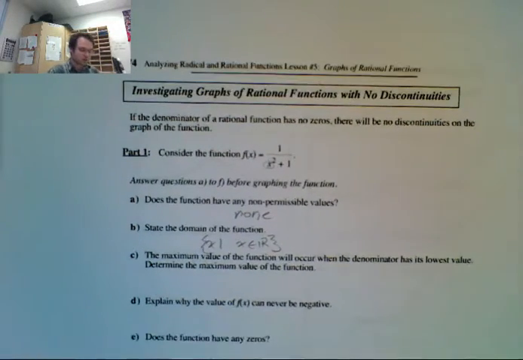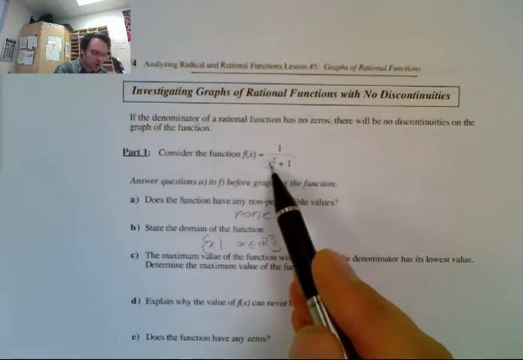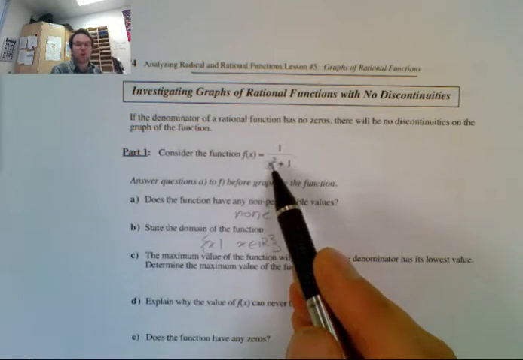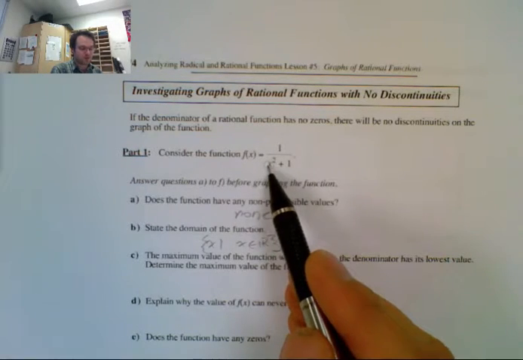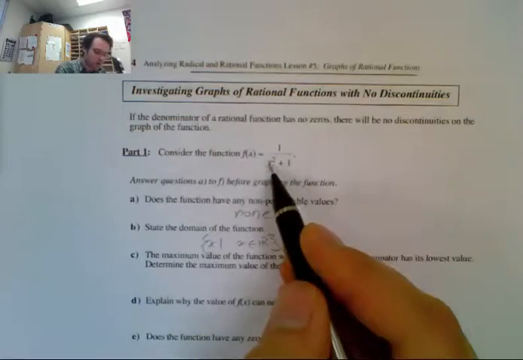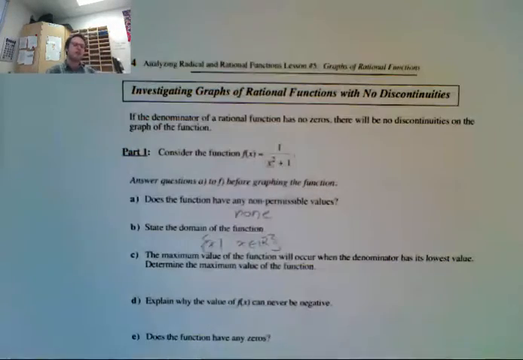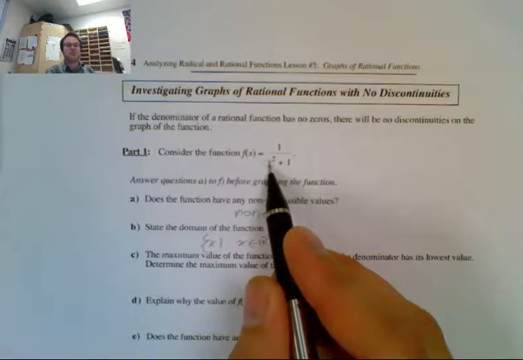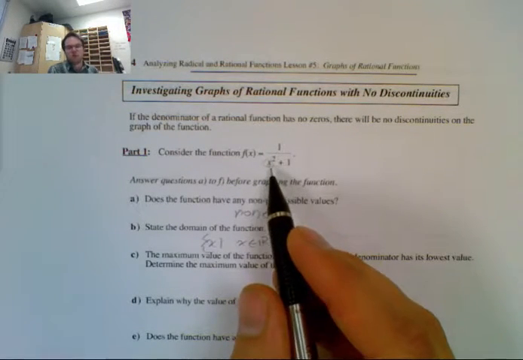Now it wants to know what is the maximum value that will occur. If we increase x, like 5 squared is 25, plus 1 is 26, 1 over 26 is going to be a very small number. If I have 1 squared is 1, plus 1 is 2, so 1 over 2. That's not quite as small. Even if I put negative 5 squared, it's 25.